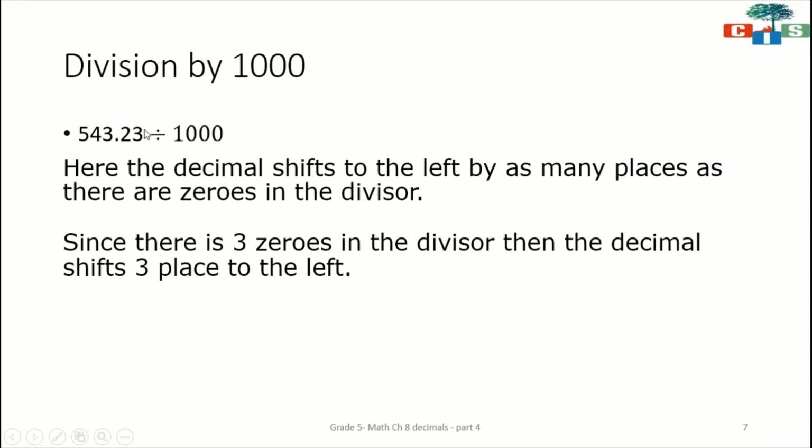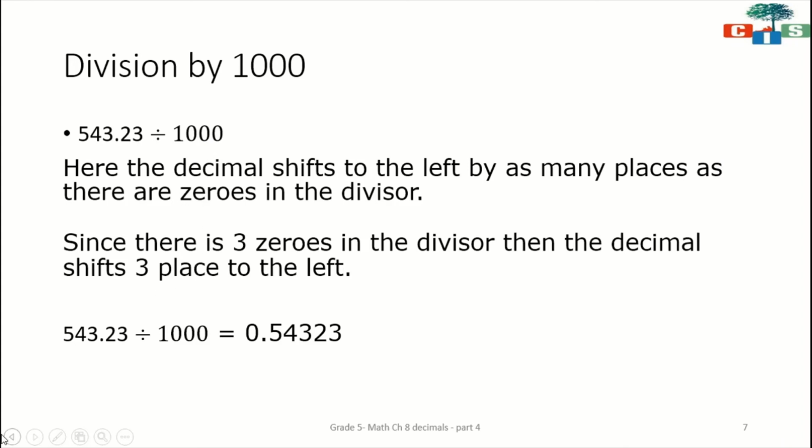This decimal point will come before 5. So our answer will be 0.54323. See, 1, 2 and 3. This decimal point will come before 5 because we have to shift it by 3 digits, as we have 3 zeros in the divisor.